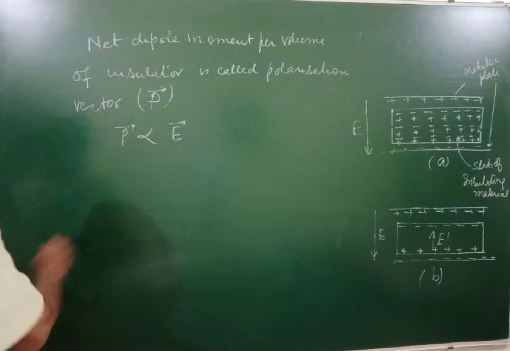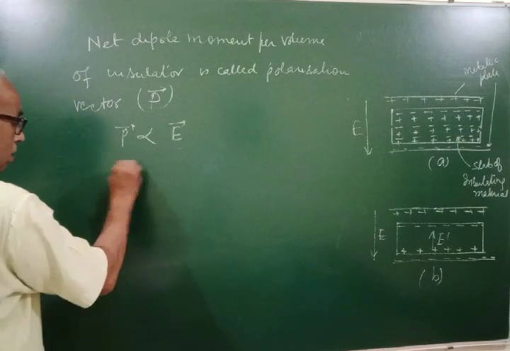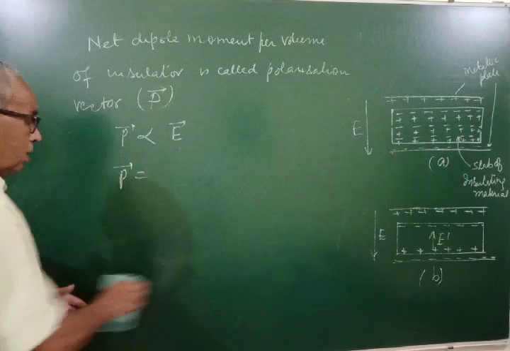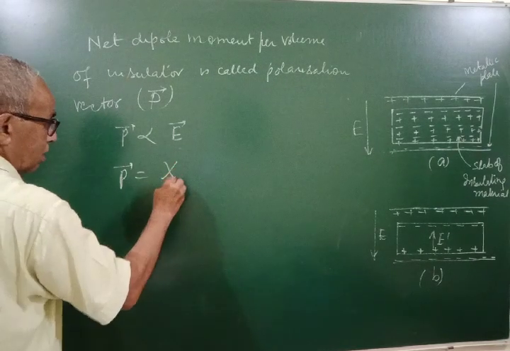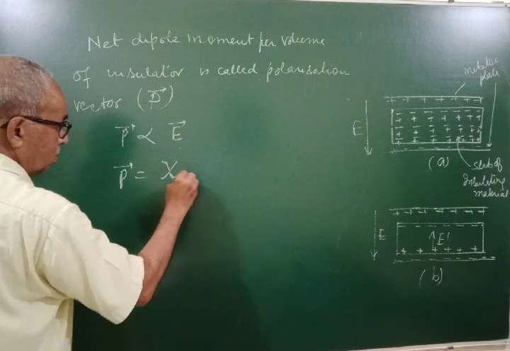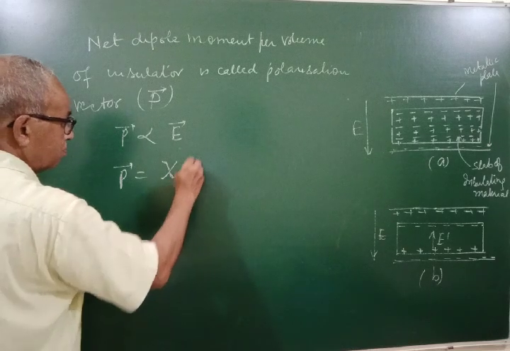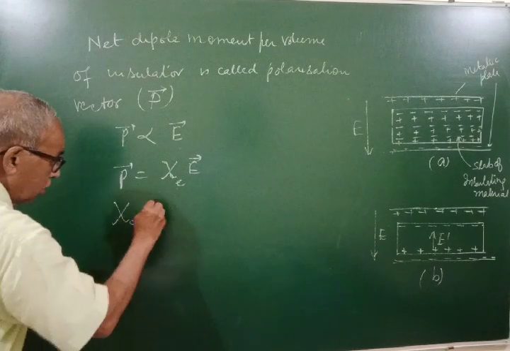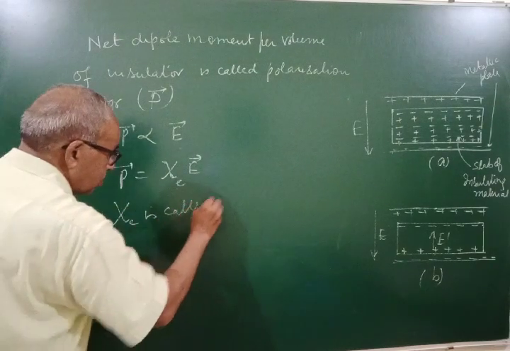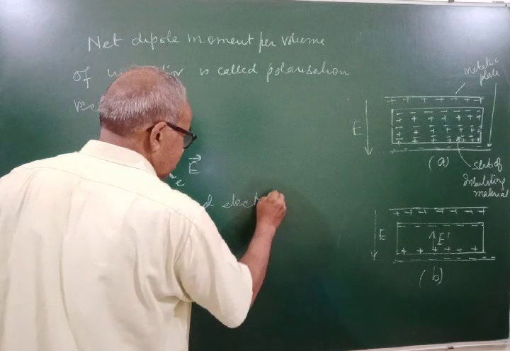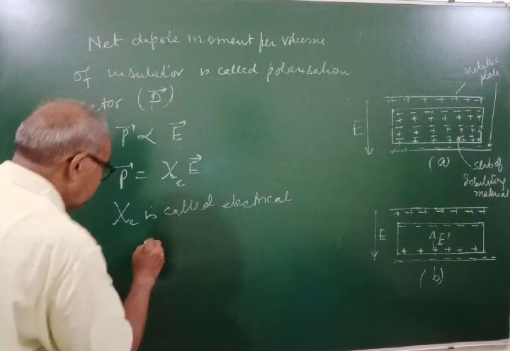P is equal to chi E, with small chi. Chi E is called electrical susceptibility.